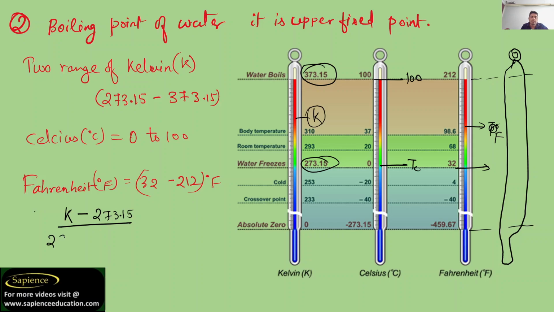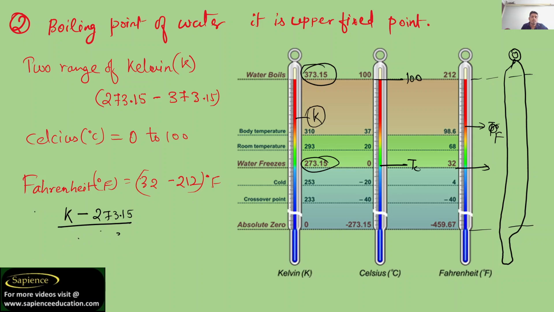The boiling point is 373.15. Always subtract from highest to lowest.